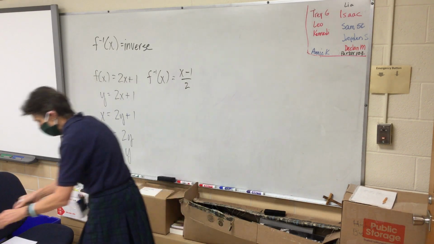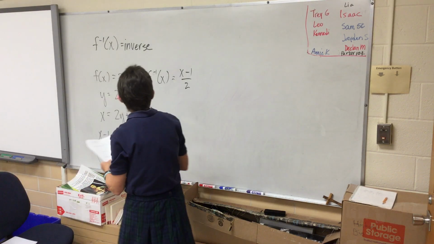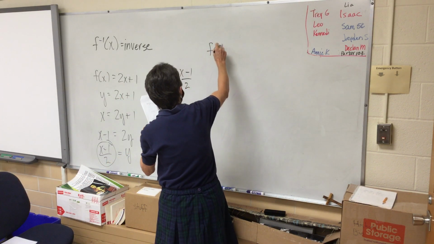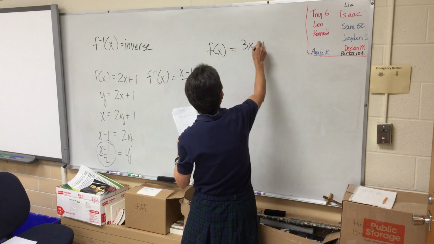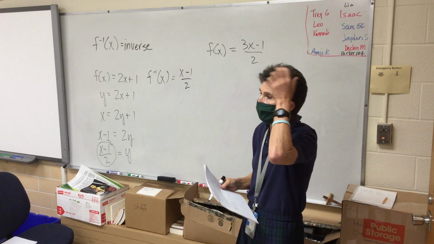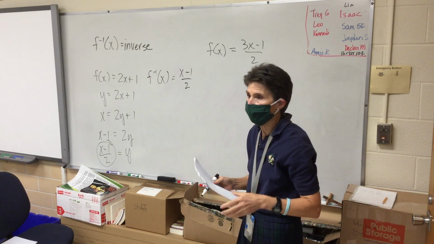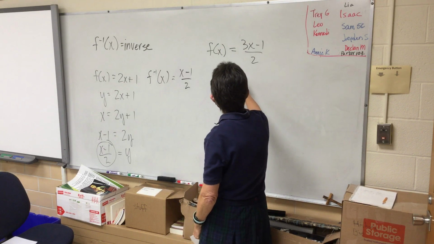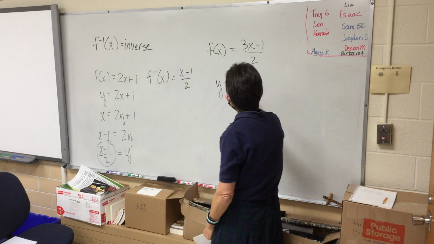Now, let's look at the next one. It is exactly the same thing, guys. What do I do first? X equals 3y minus 1. Well, wait, you're going way ahead of us now. Let's do it one step at a time. First, we'll put a y in place of the f of x.